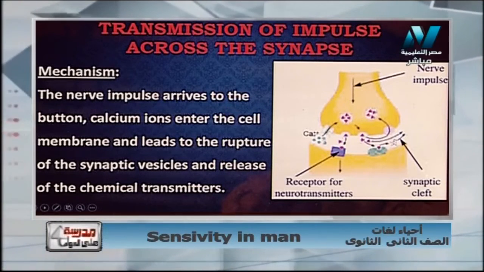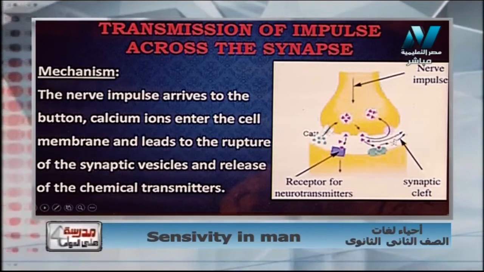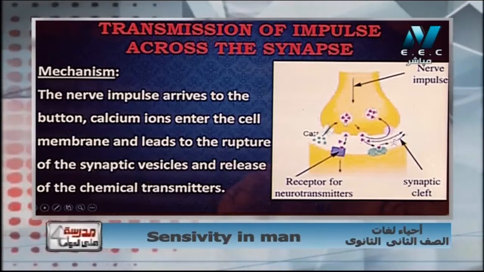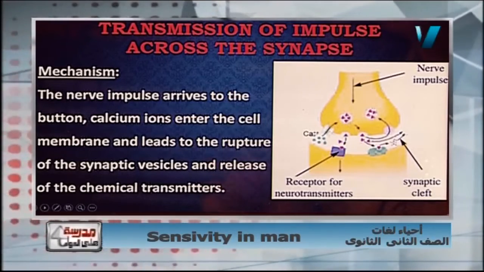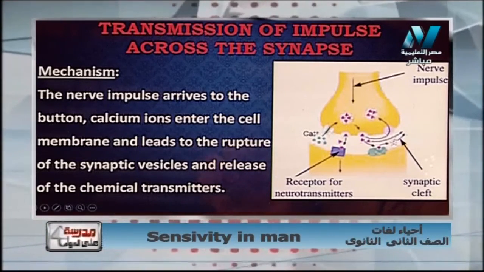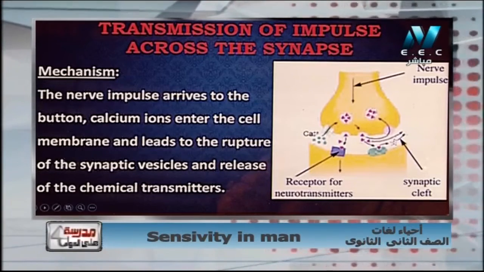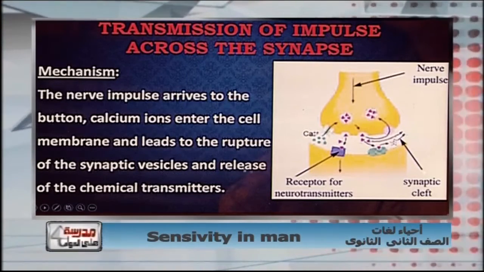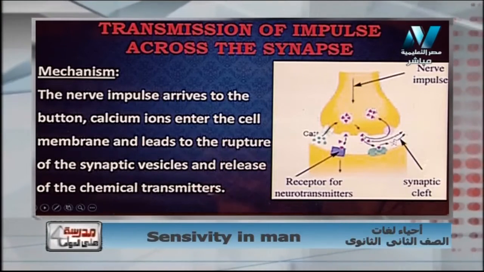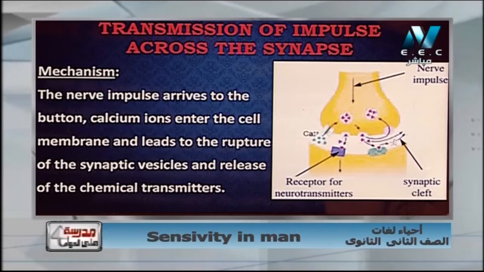These are the calcium ions present in the synaptic cleft. They enter the presynaptic membrane and rupture the vesicles' membrane. And this releases the neurotransmitters outside of the synaptic knob.